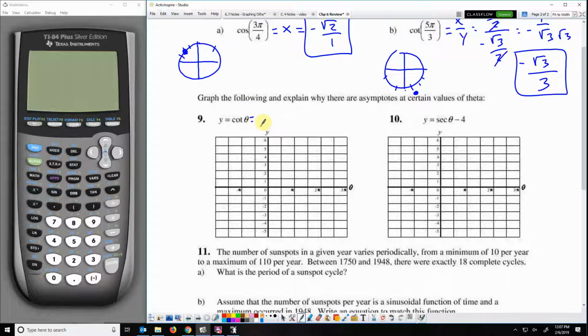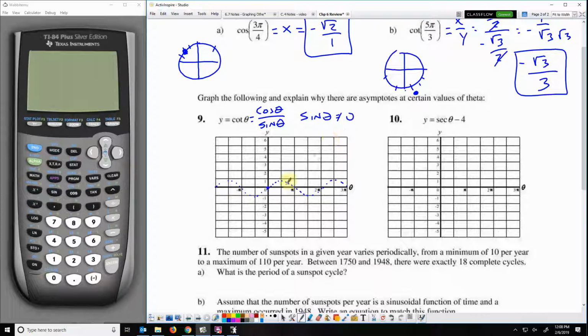Cotangent is the same as cosine over sine, cosine theta over sine theta. Since sine is in the denominator, sine theta cannot equal 0, so I need to graph a sine wave. Sine wave starts here at the origin, and by 2 pi it begins to repeat. And there's another half cycle. And by negative 2 pi, I've got another cycle.